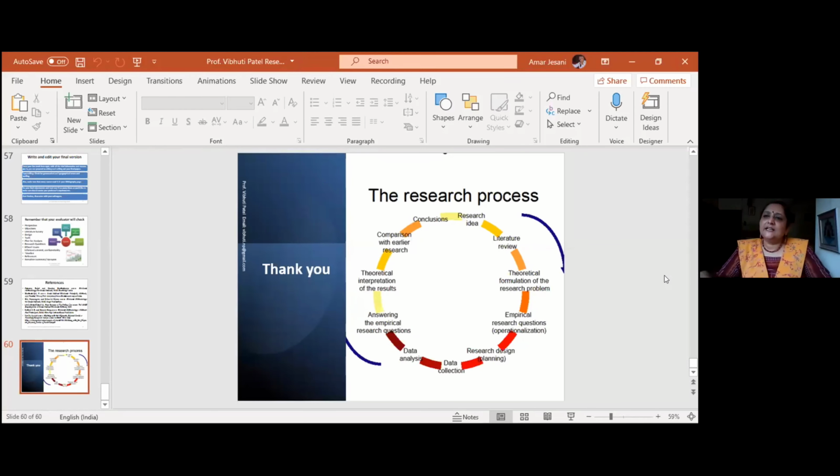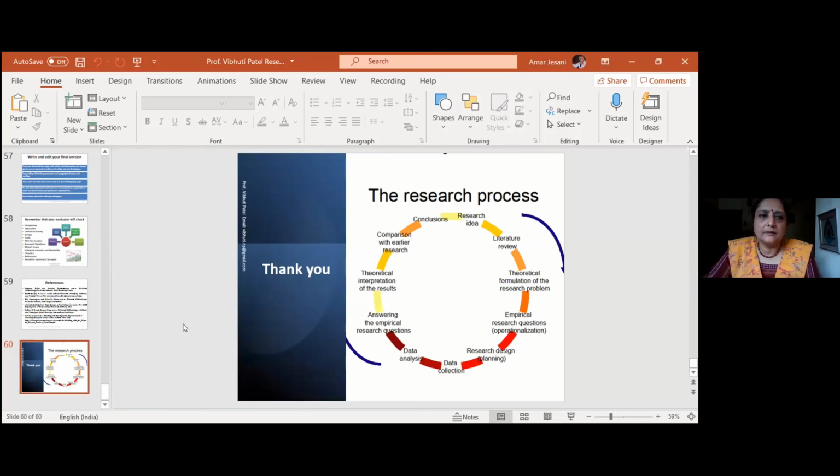While in inductive theory, you theorize after the data analysis. From your data you come up with the induction. It is not that one is superior to the other. It all depends on you as a researcher, what you find most convenient.